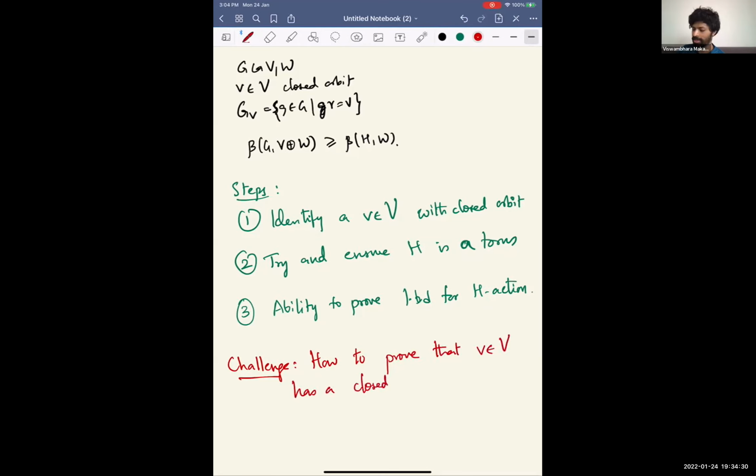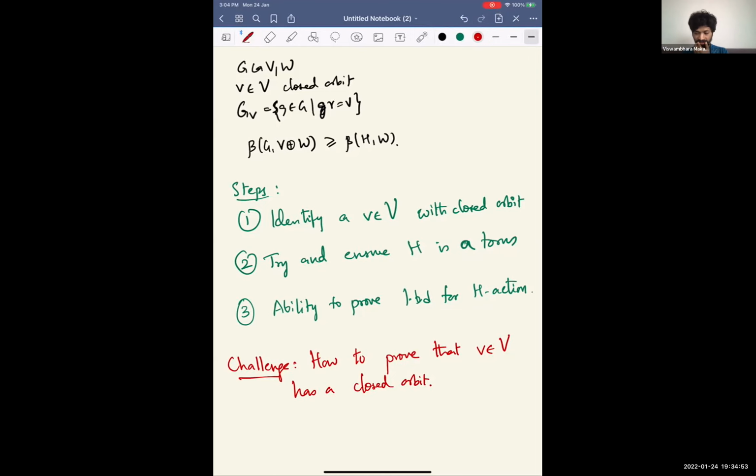This is something that I want to tie up as the main motivation for the next talk that I'm going to give, which is going to be all about how you can find whether a point has a closed orbit or not. I won't give you a full answer because I don't know it myself, but I will try and do as best as I can, keeping this context in mind.